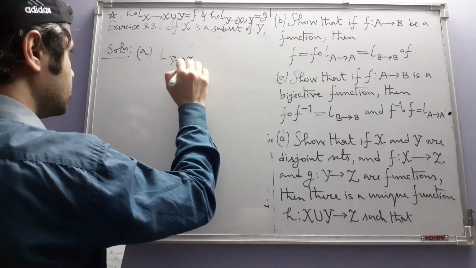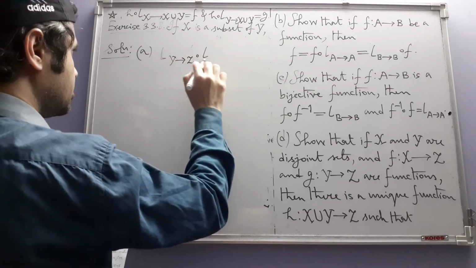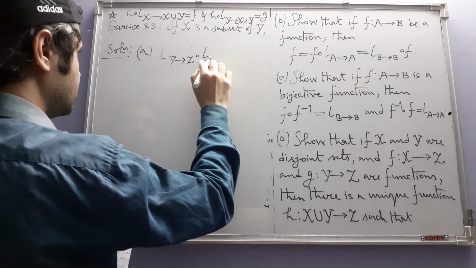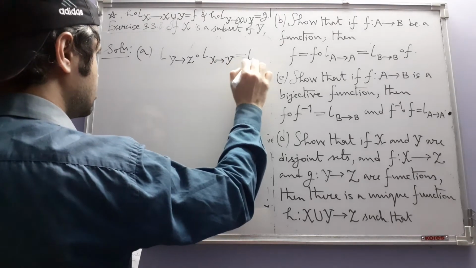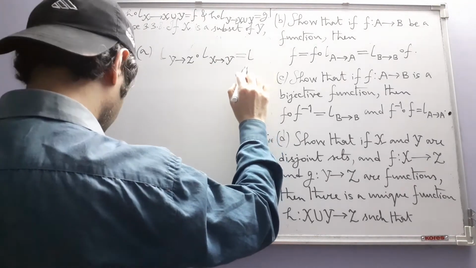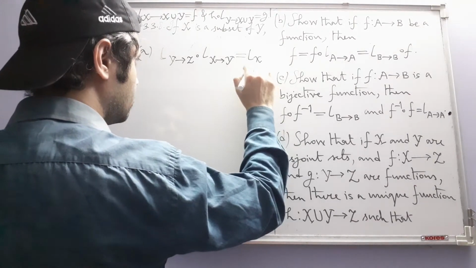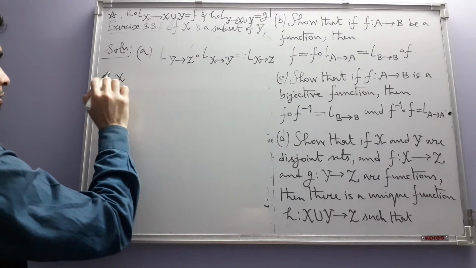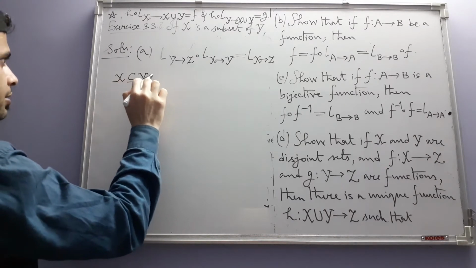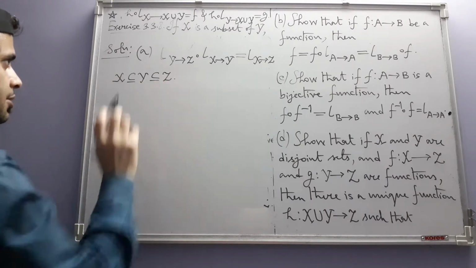Inclusion map from Y into Z, composition inclusion map from X into Y is equal to inclusion map from X into Z. And it is given to us that X is a subset of Y and Y is a subset of Z.